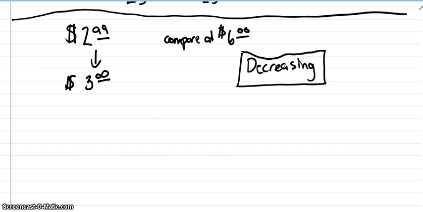Sorry, that's a terrible 8, but as you can see, it's $8. So, the amount increase or decrease, as you can see, 8 minus 3, because we want a positive on top, over the original. Compare at is the original, so $8. So we're going to get 5 over 8.